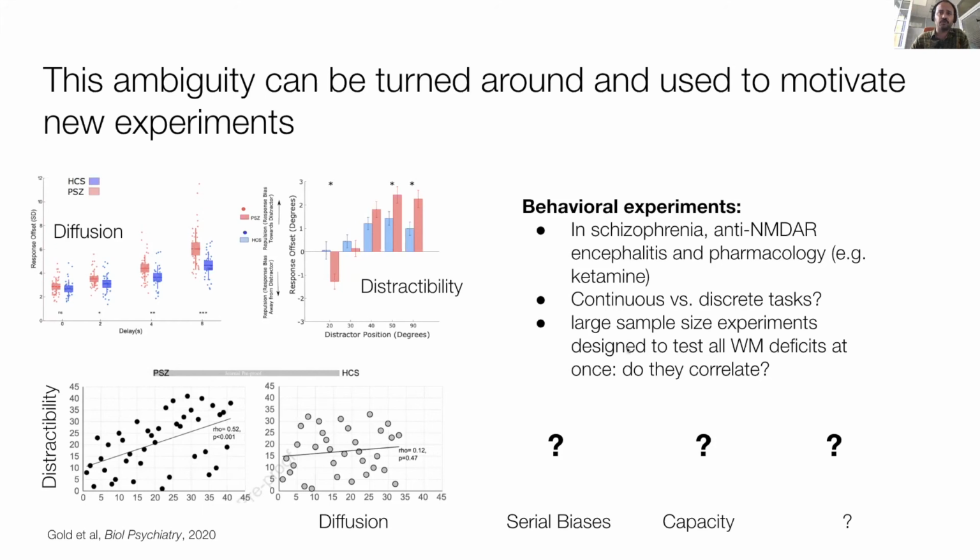And we think it's possible to have a task, with just some minor changes, where you can test all of the impairments known in schizophrenic people, and even other biases. They found in this paper that distractibility and diffusion correlate very strongly. So it would be nice to see the same for other working memory impairments. This would mean that they are measuring something relevant for schizophrenia.